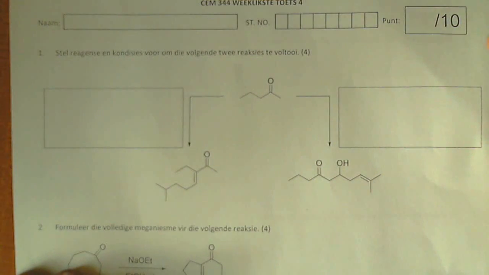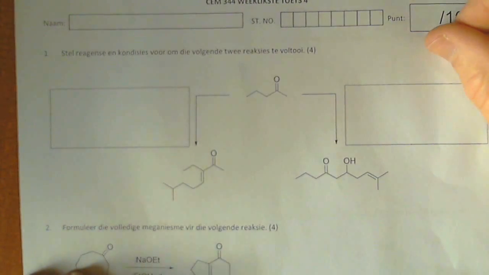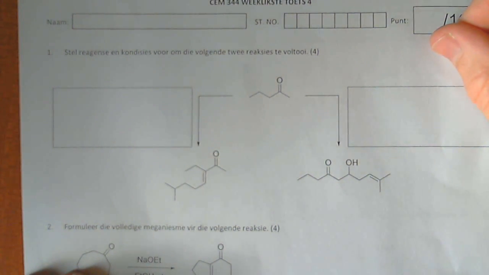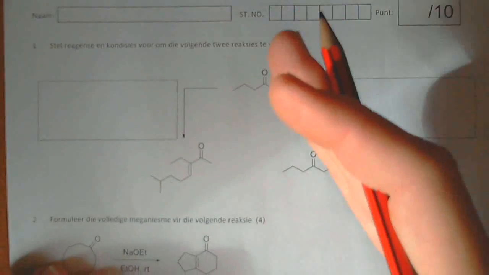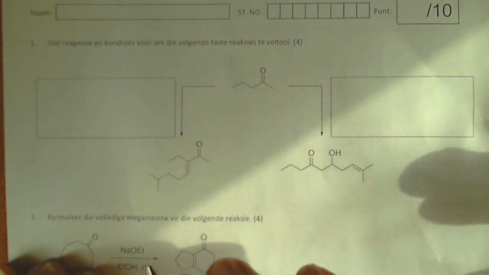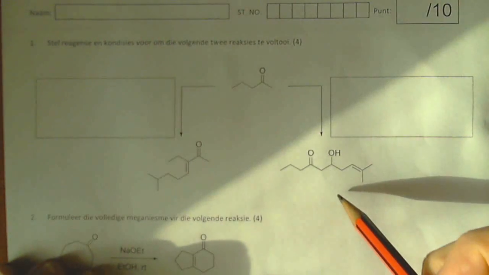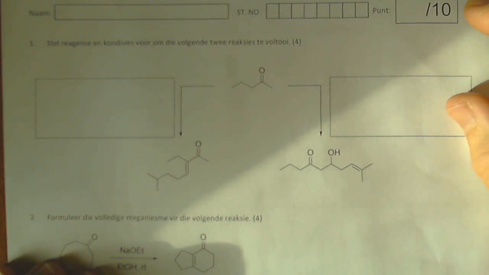It's a logical process. So I want to encourage you to have a look at that. I can guarantee you, if you work at this and understand these basic principles, you will get an excellent mark at the end of this course.